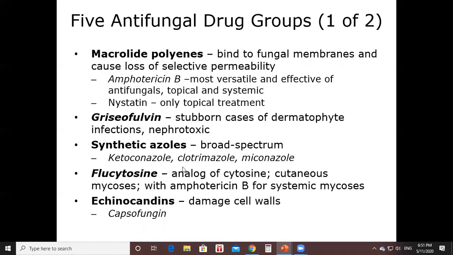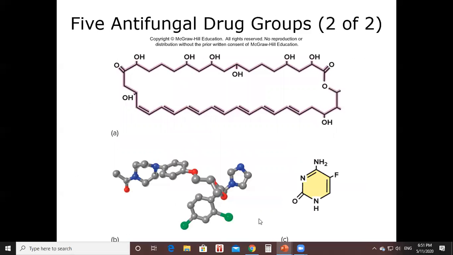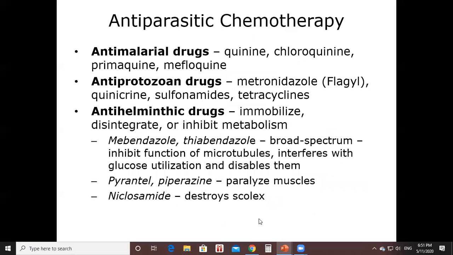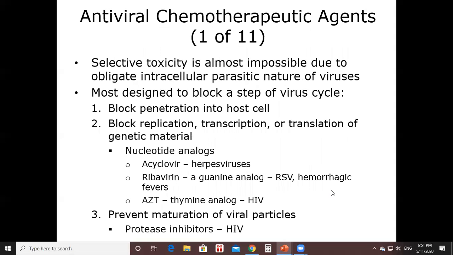They're broad spectrum. But like I was saying, fungi are eukaryotic cells as well, so a lot of times there's a lot of toxicity associated with them. Then you see Flagyl, an antiprotozoan drug, and that's antiparasitic.